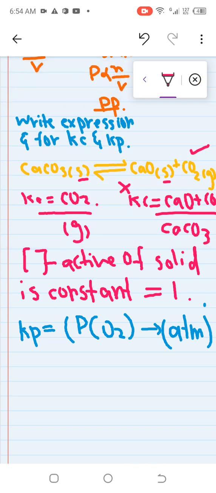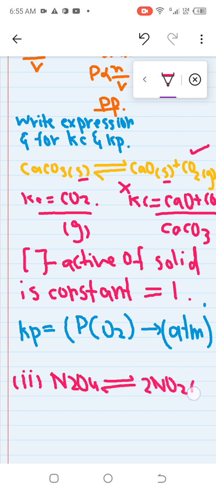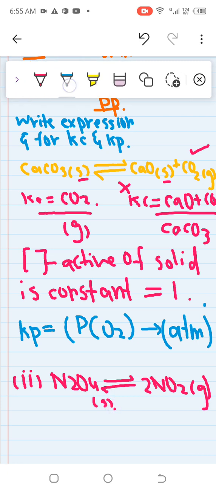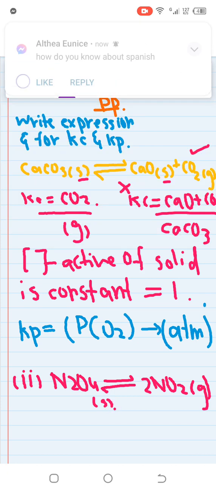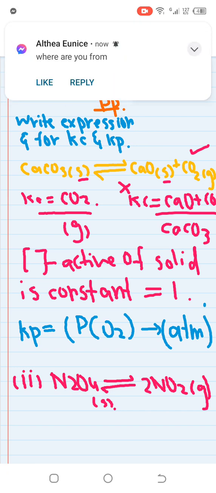Now we have a second equation. You may try this first, then look into it. N2O4 is in a reversible reaction with 2NO2, both gaseous. Now try to find the units of Kc and Kp for this equation.